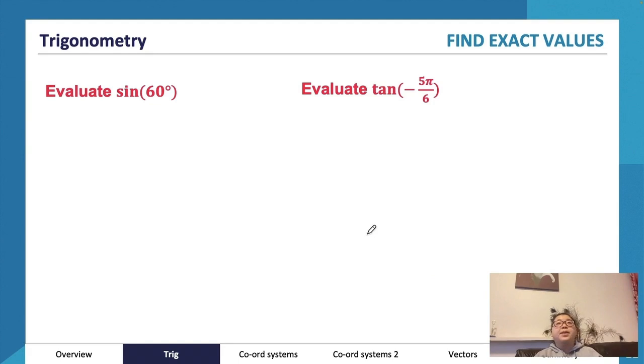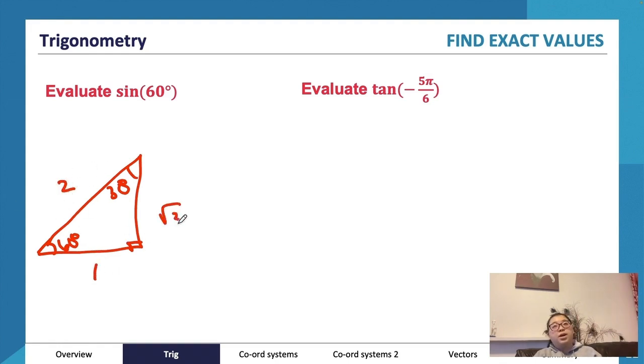Cool. Alright, so let's evaluate a couple of these exact angles. We can evaluate them either with the triangle, or with the table. Let's do one with the triangle, one with the table. So for 60 degrees, I'm going to use this triangle where I have 90 degrees here, 60 degrees here, and 30 degrees here. This is my equilateral triangle that's been chopped in half. So it's going to be 2 here, 1 here, and root 3 here.